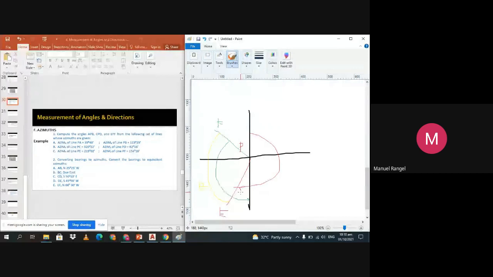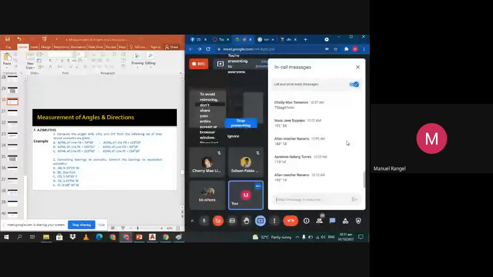Then we subtract that from this azimuth from FP or PF. So the answer would be 115 degrees 14 minutes.